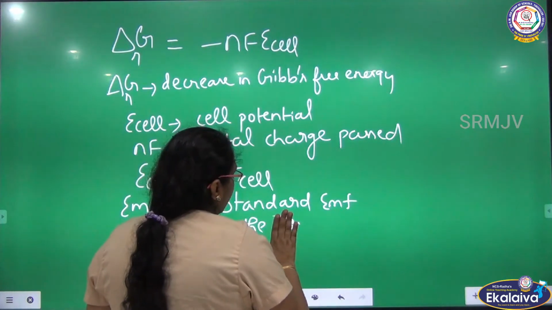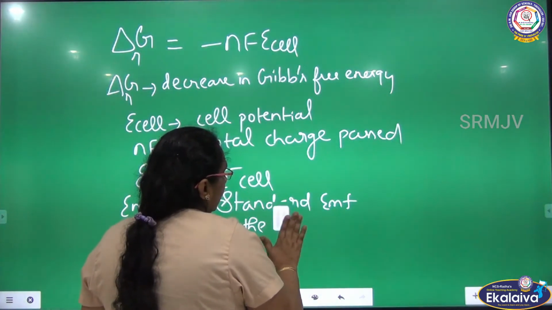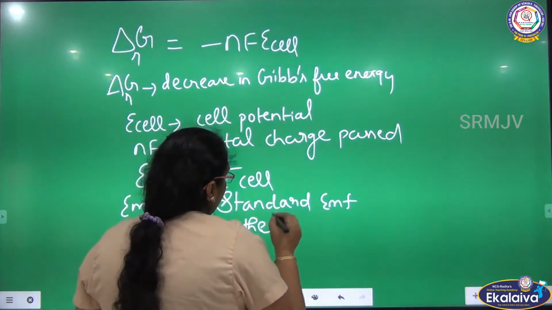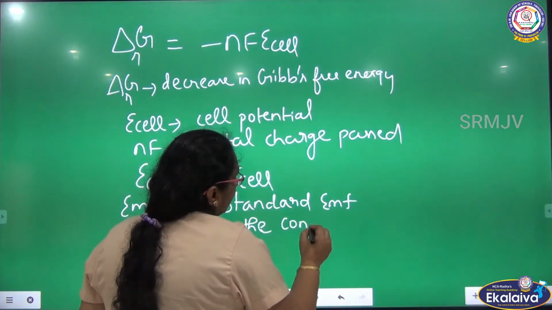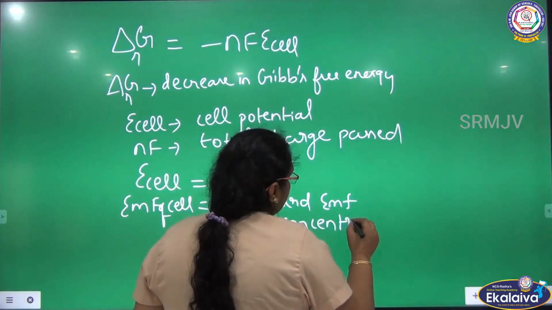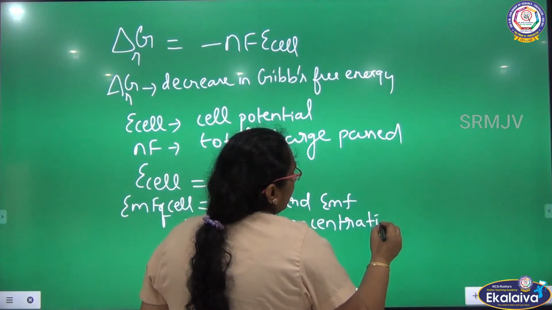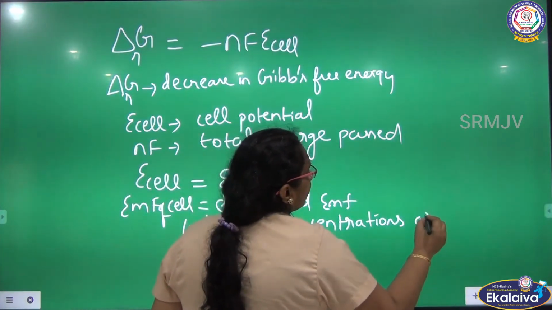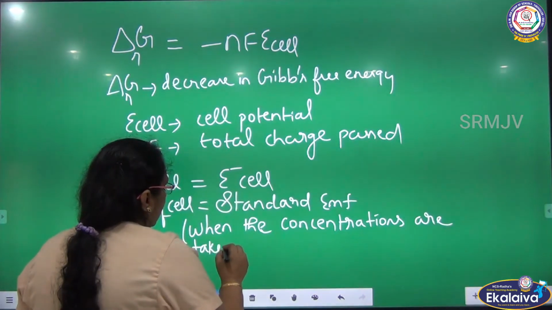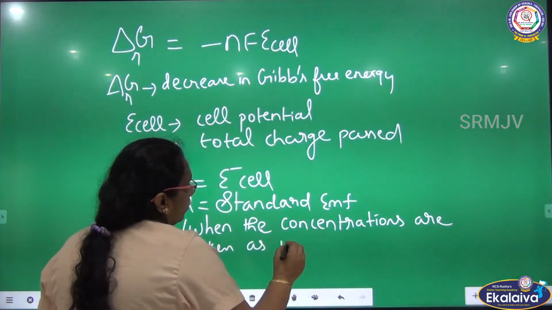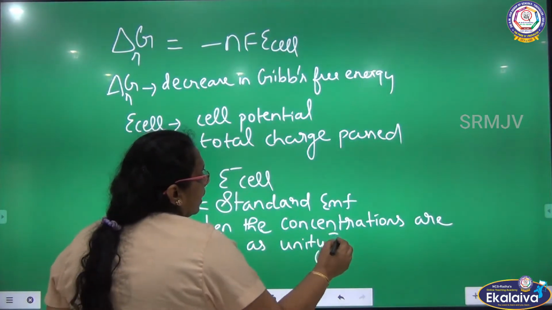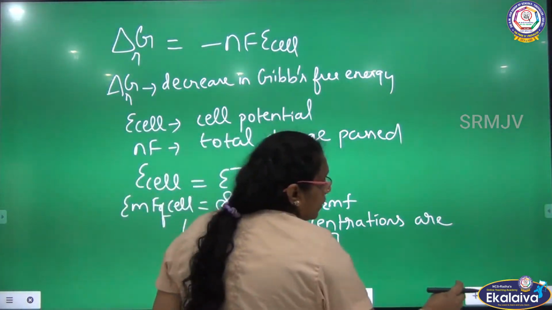So E cell is equal to E dash cell when the concentrations are taken as unity.